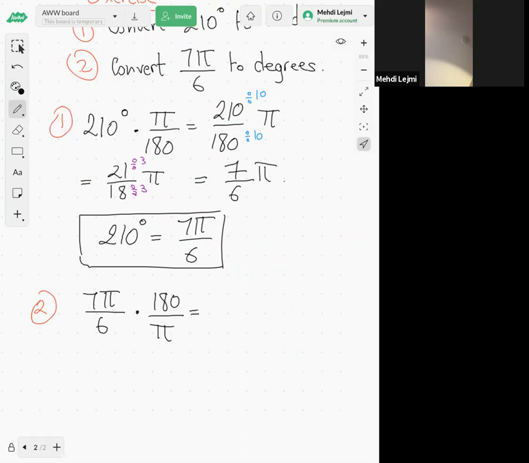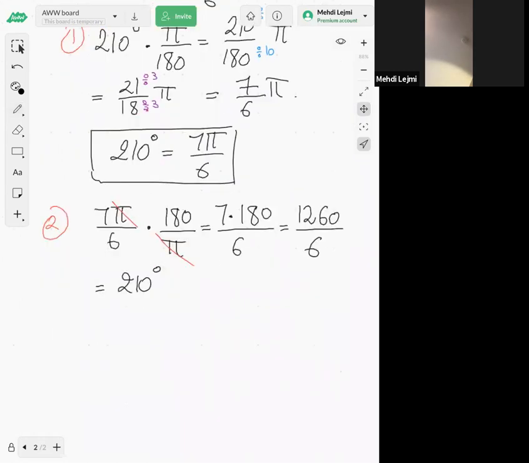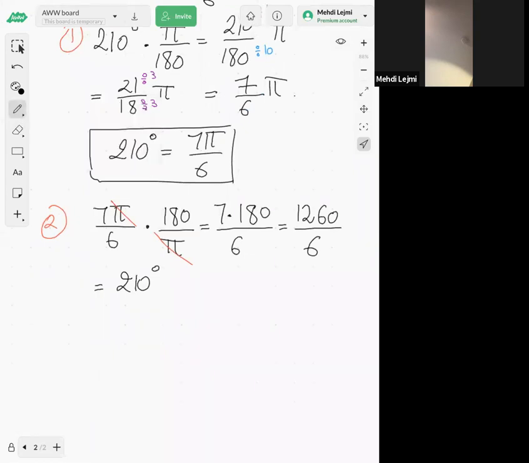So the pi cancels out, and that's 7 times 180 over 6. 7 times 180 is 1260, over 6, and that is equal to 210 degrees. So the answer is the same as number 1. The 7 pi over 6 is just 210 degrees.